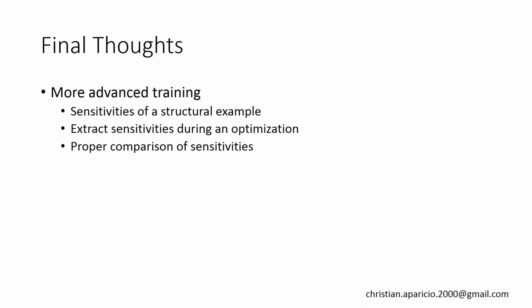In that more advanced training, I'll walk you through how to output the sensitivities for actual structural example. This video used a very simple algebraic example that you'll find in any college course. But then in the more advanced training, I upgrade to actual structure, how to do the same procedure for that.